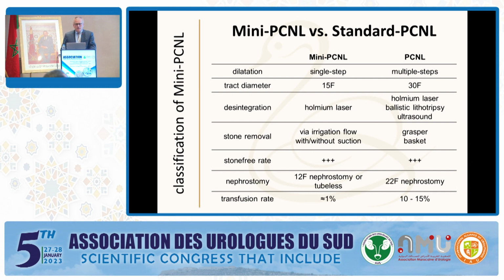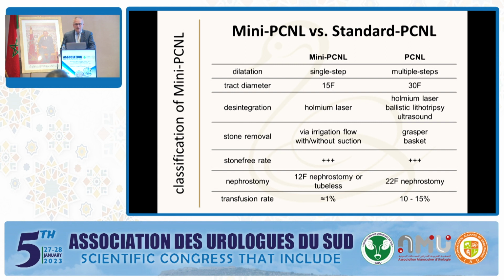The type of stone disintegration is completely different. If we are performing a mini PCNL, we are always using the holmium laser. We do not make use of ballistic lithotripsy or ultrasound disintegration anymore, as we did this in conventional PCNL.